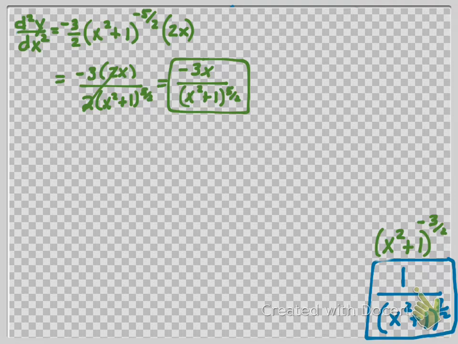And if the denominator has an even number in the exponent, it has a 2 in its denominator, right? The rational exponent. What does that tell you about that output? The denominator is always going to be positive for that reason, right? How about the numerator? Always positive. So this relation is always increasing because we're talking about the first derivative.